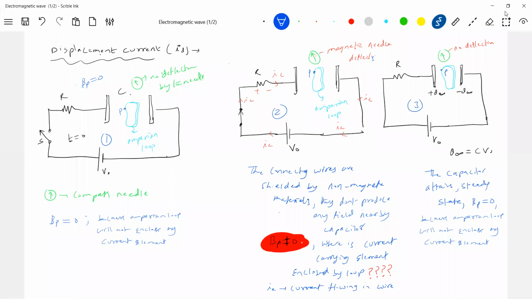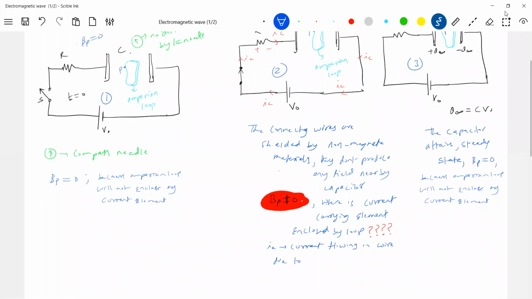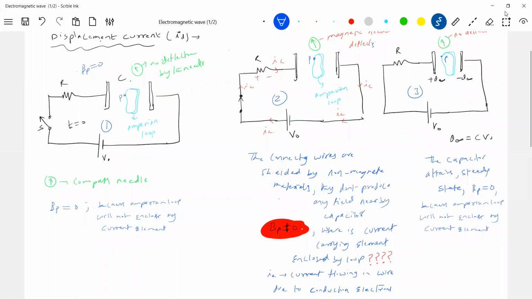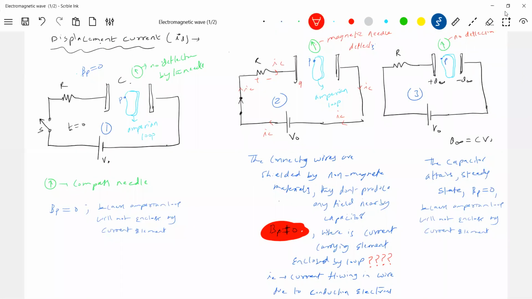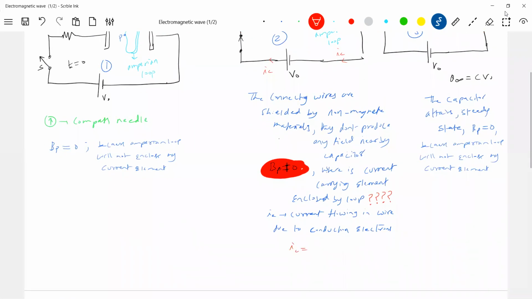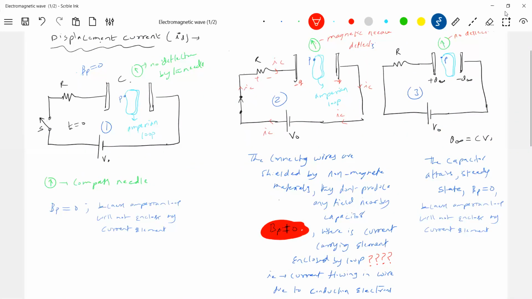Shall we say that the charge at any instant of time in the capacitor is Q. So I'll write IC as dq by dt. Why is that current? The charge across the capacitor is increasing. So therefore IC equals dq by dt. We know the RC circuit, everything.